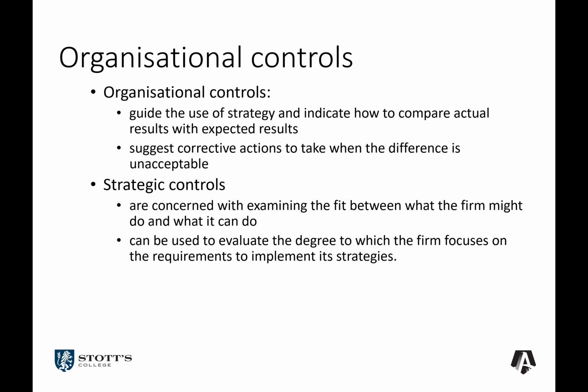Strategic controls are examining the fit the firm has now with what it's doing now and what it can do in the future, and it can be used to judge the degree to which a firm focuses on the things that it's required to do to implement its strategy. It is sometimes easier to measure easy things. So sometimes control measures the easy things to be measured, not the important things that need to be measured.